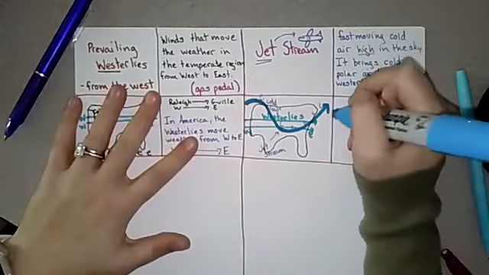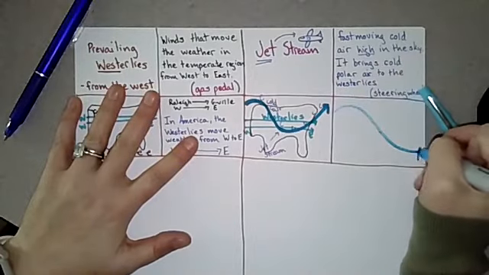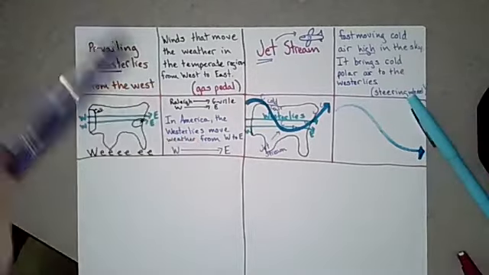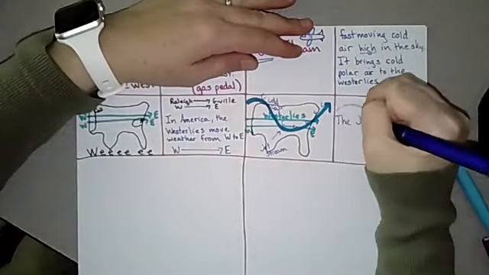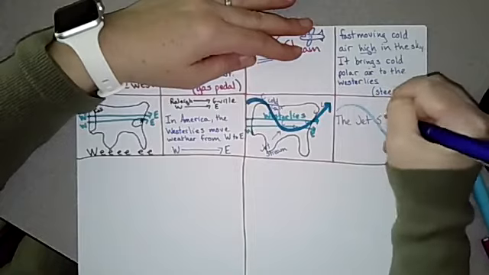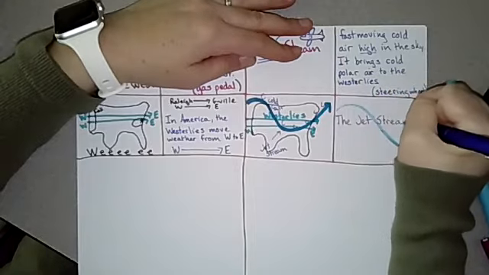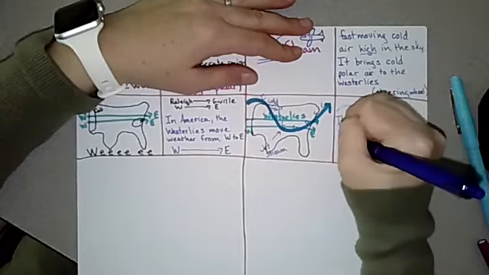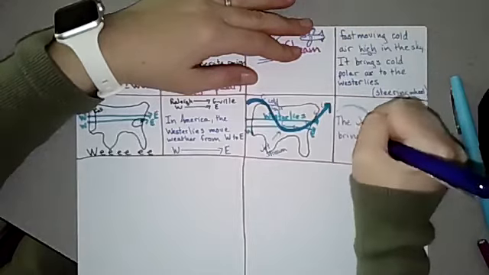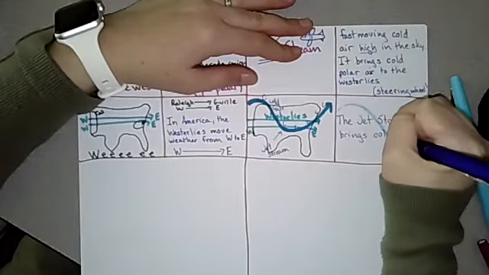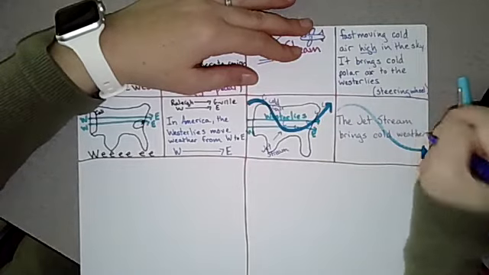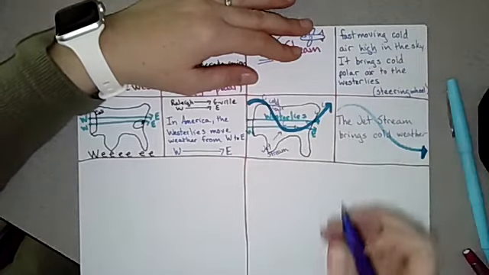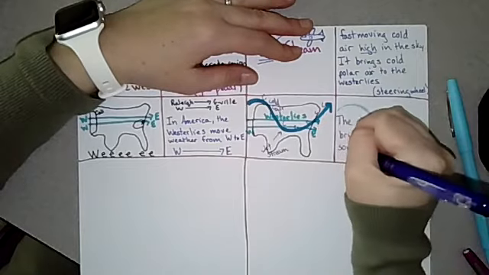Draw like this. The jet stream brings cold weather south.